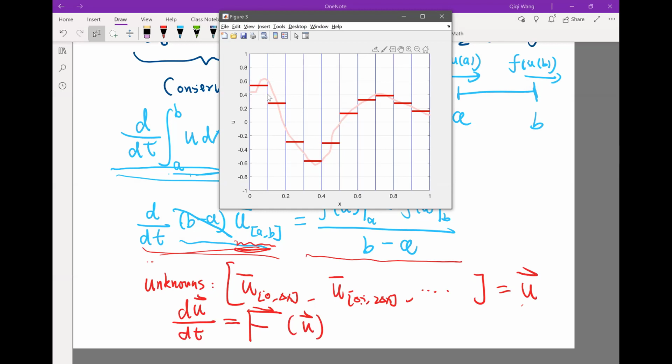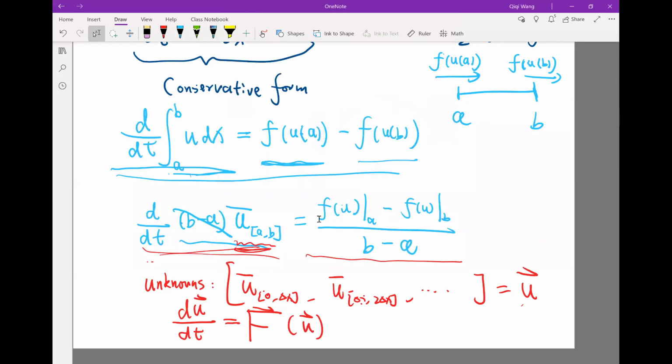We only know the averages over the volumes. So in order for us to be able to write the right-hand side as a function of the volume averages, we have to approximate the point-wise value of u by using the left and right volume averages. Does it make sense?